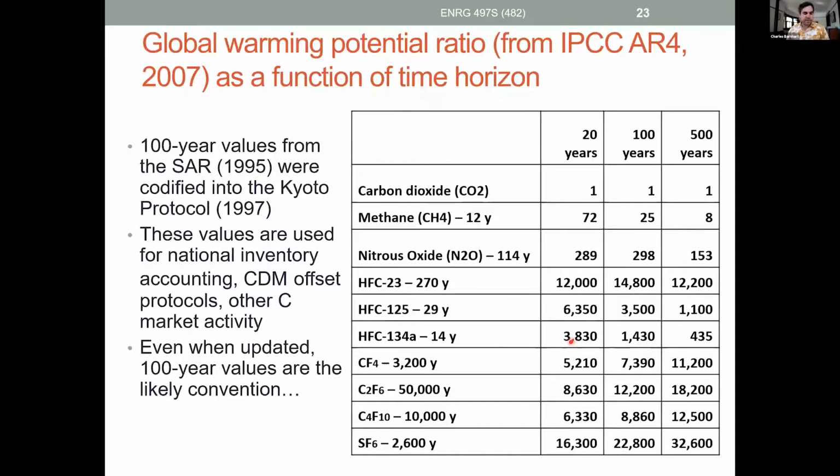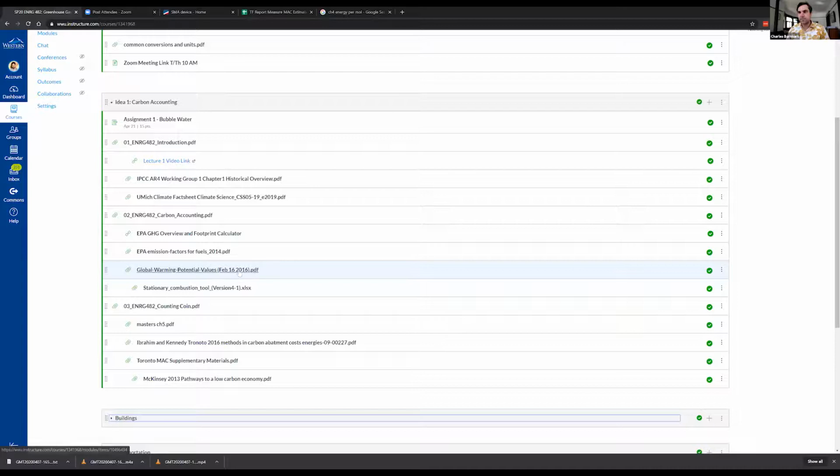I think on Canvas, I put a link to the AR5 stuff. How does Zoom work? Share screen, Canvas. Yeah, so it's somewhere up here. Yeah, global warming potential values from February 16, 2016.